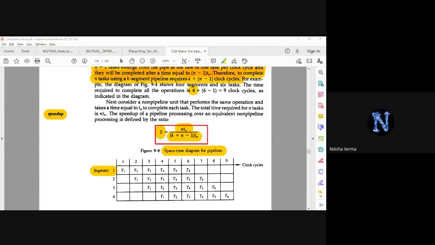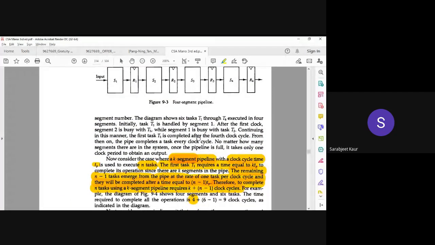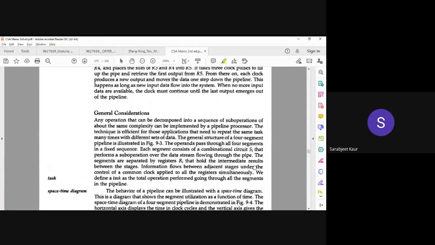NTP, ma'am. Sorry, come again. TP represents what? TP is the time that is taken in each pipeline. So as I told you, this you can say KTP.